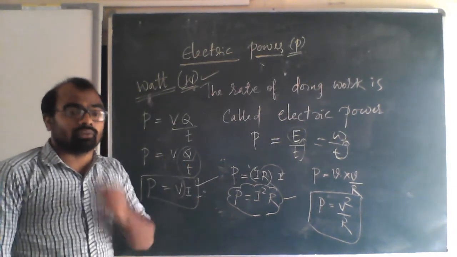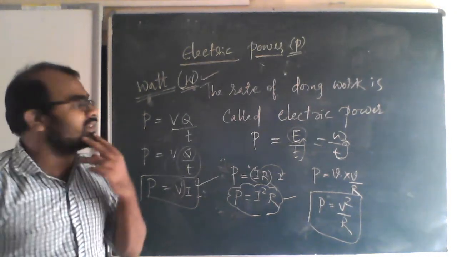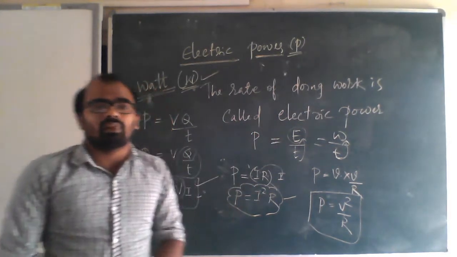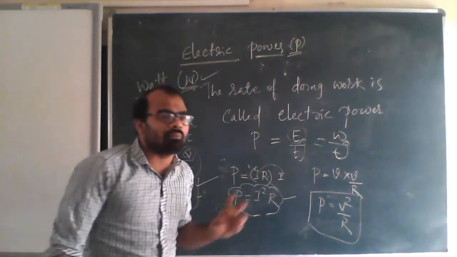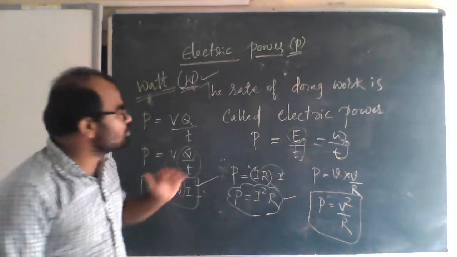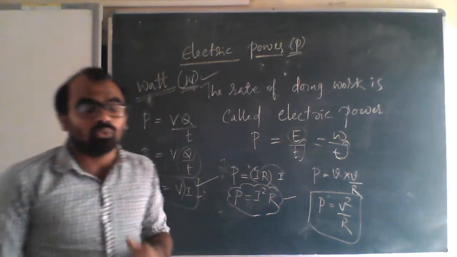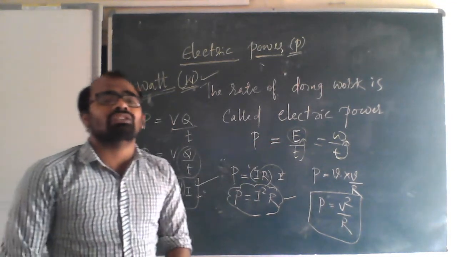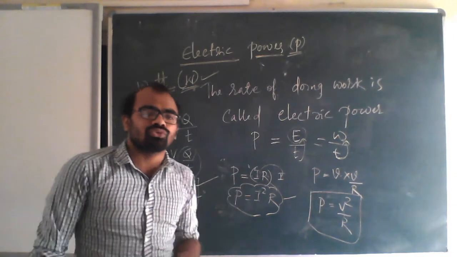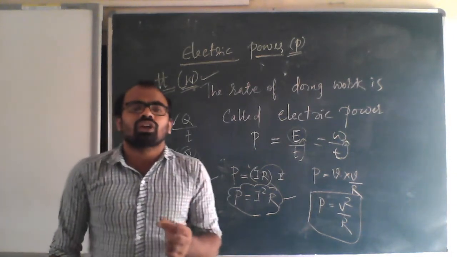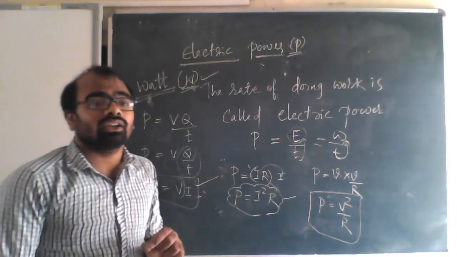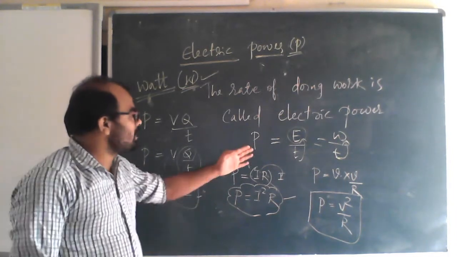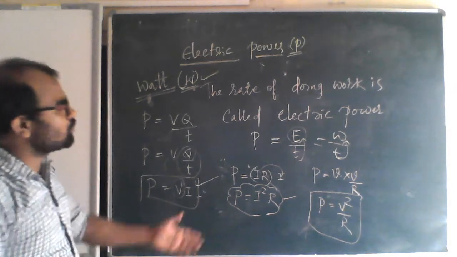But in our daily life, the joule is a very small unit. So for commercial use we will not use joules. We use kilowatt hour for the measurement of electrical energy. We will see that.